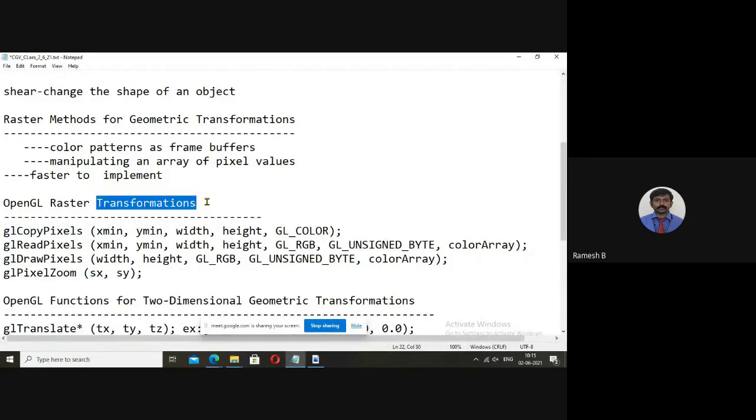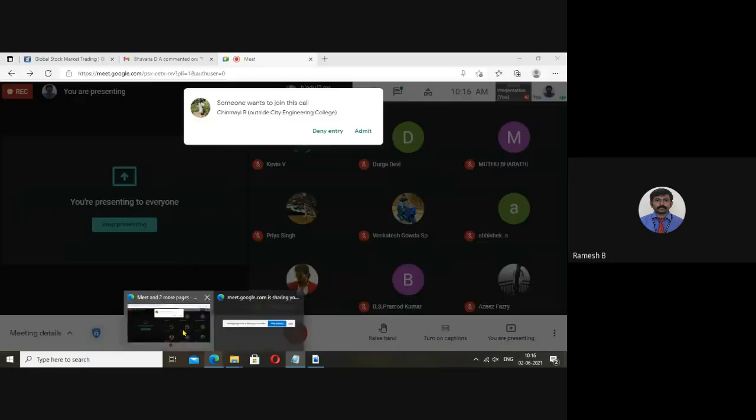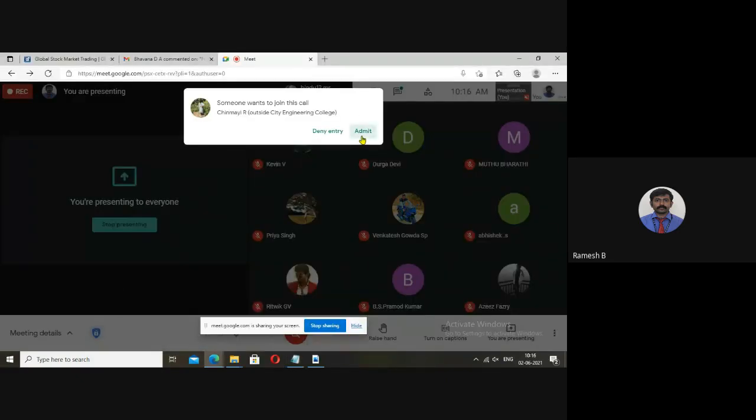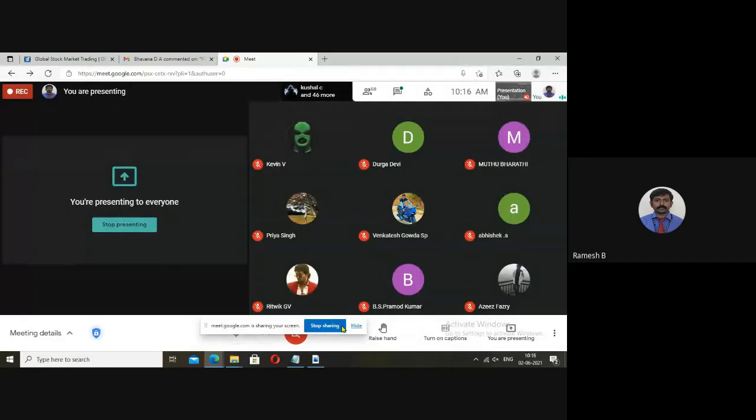GL is a library which provides the methods. Can you give me any other libraries?